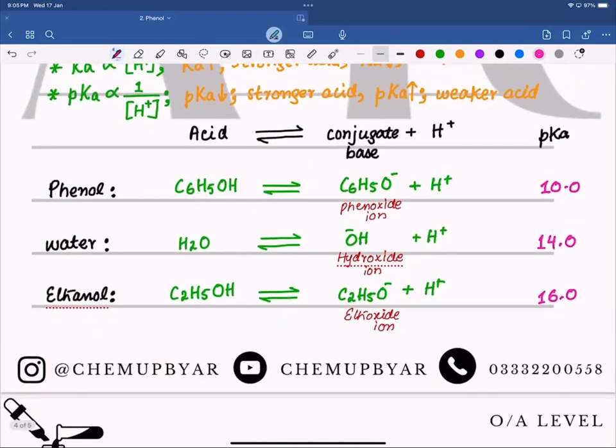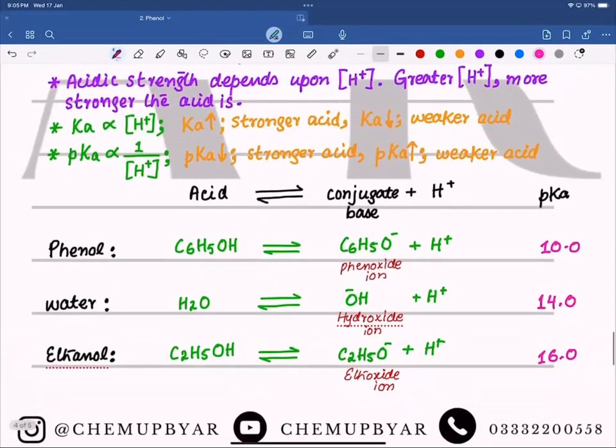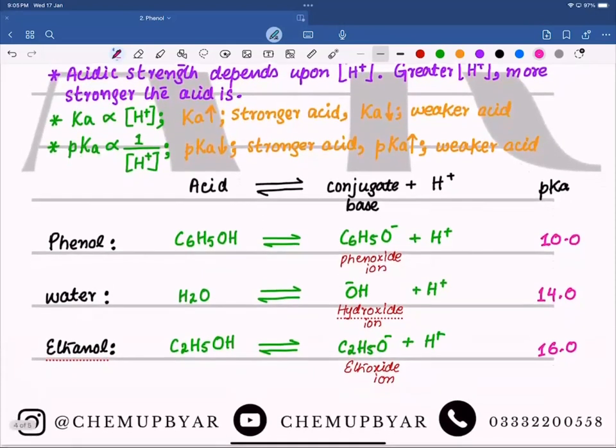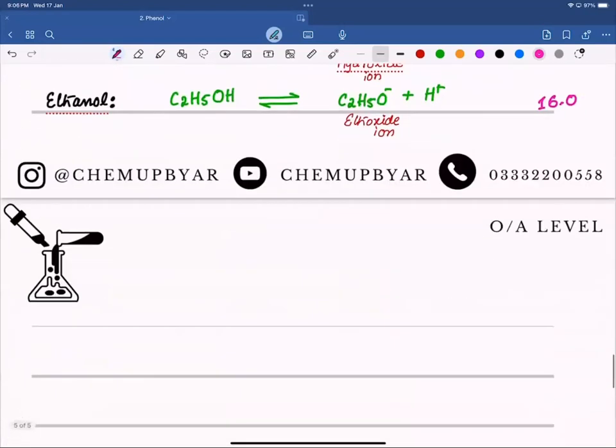Which one is the strongest acid among these three? Phenol. As we have seen, a smaller pKa means a stronger acid. So among these, the smallest value is that of phenol. So phenol is a stronger acid.